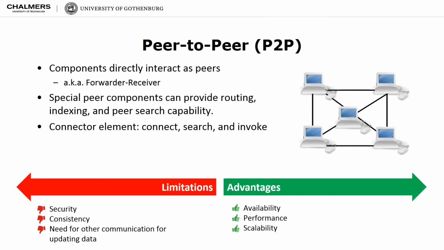There are also performance advantages. The load of any given peer component acting as a server is reduced, and the responsibilities are distributed. Further, peers can be added or removed from the peer-to-peer network with no significant impact, resulting in great scalability for the whole system.